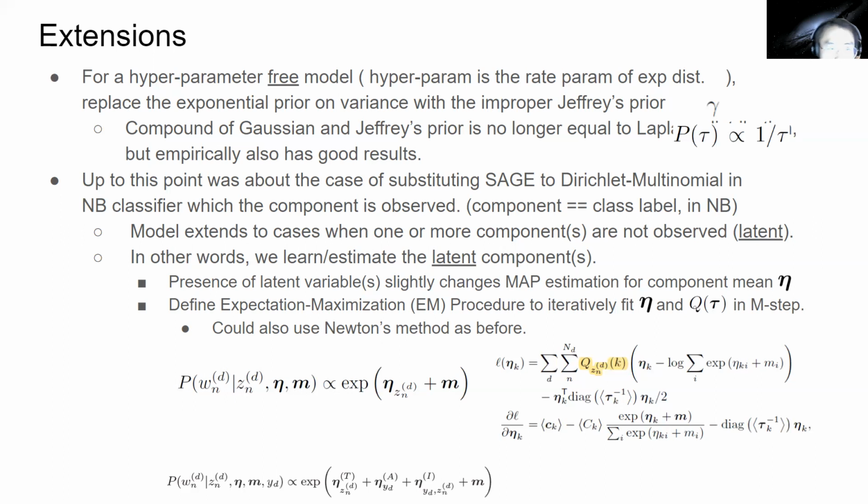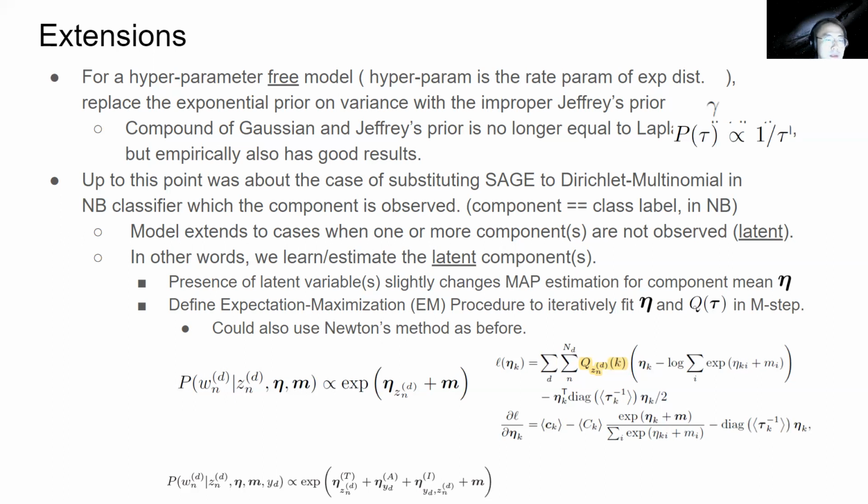So again, back to the subject. Up to this point, we were talking about substituting the SAGE model for the conventional Dirichlet multinomial in the naive Bayes classifier. By the nature of the naive Bayes classifier, we are given a bunch of class labels.